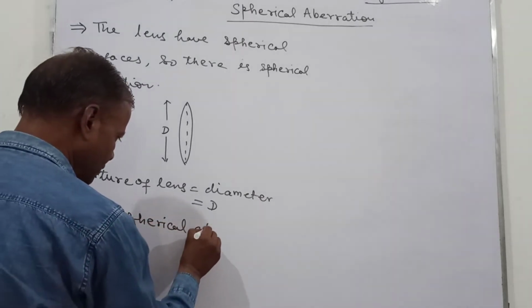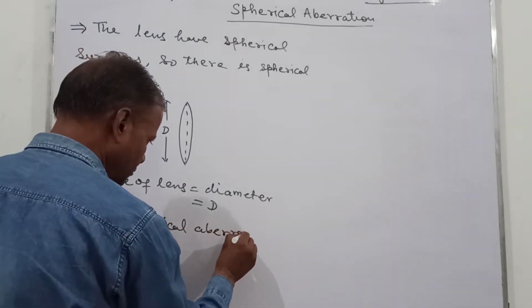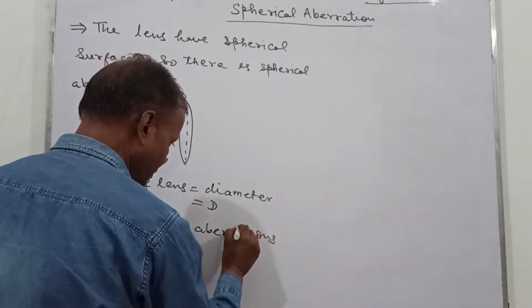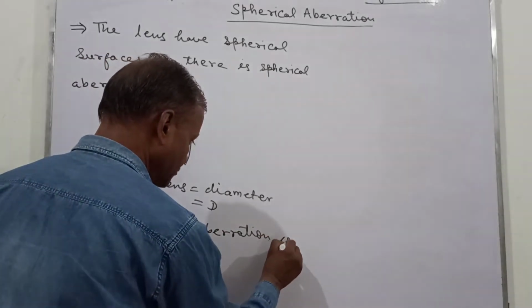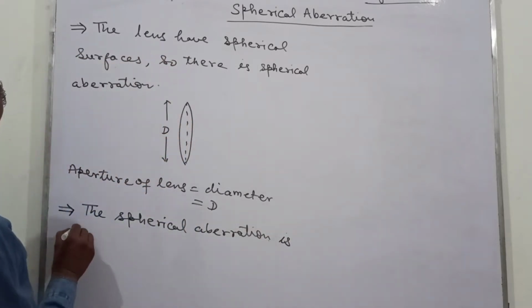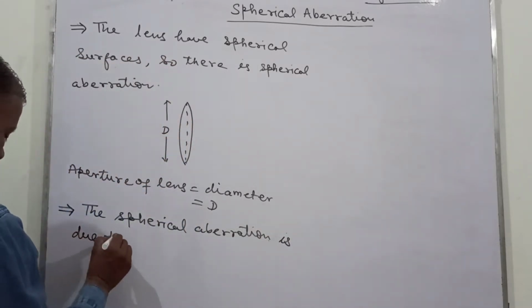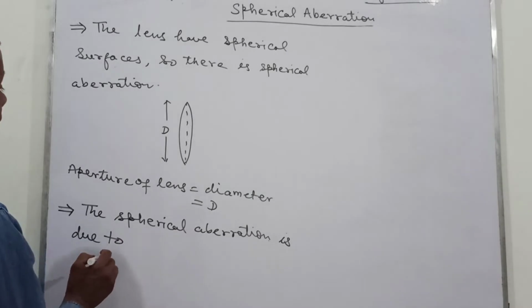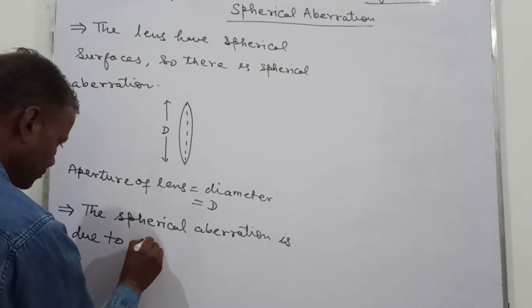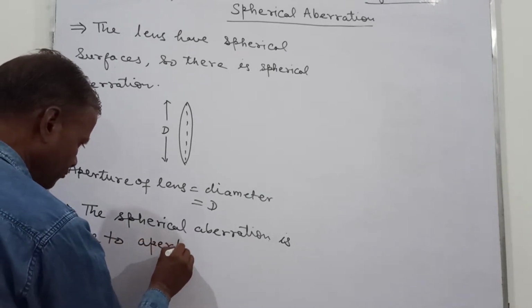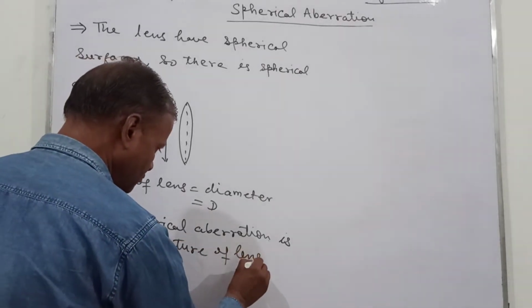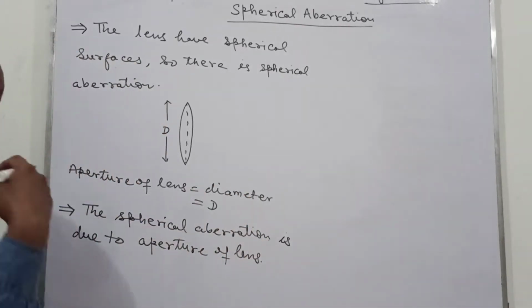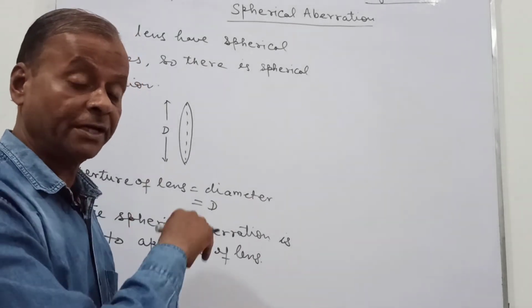The spherical aberration is due to aperture of lens. Larger the aperture, larger the spherical aberration.